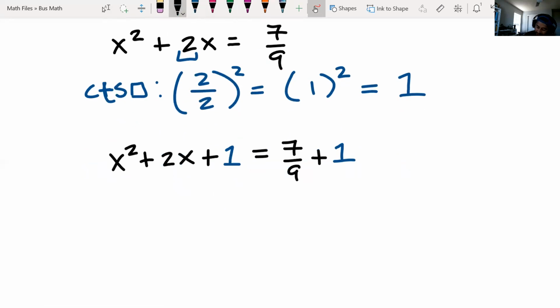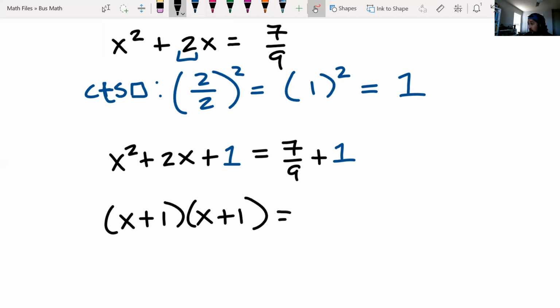And now factor it. Remember, the left side becomes completely factorable. So x squared plus 2x plus 1 is going to factor to x plus 1 times x plus 1. The right side, we have some work to do. You have 7/9 plus 1. Well, what I can do is change 1 into a fraction, get a common denominator of 9.